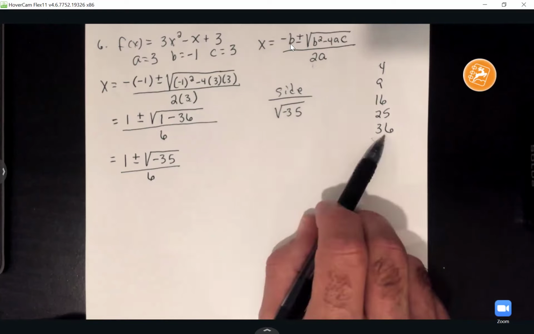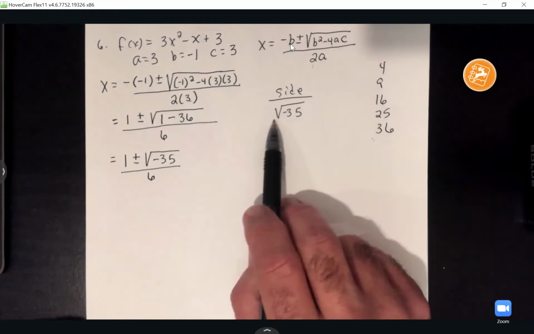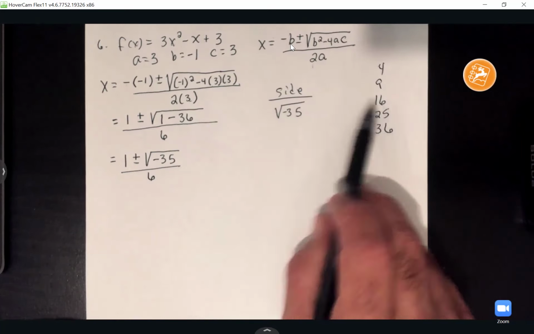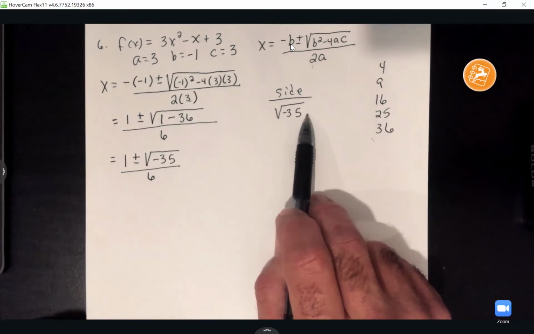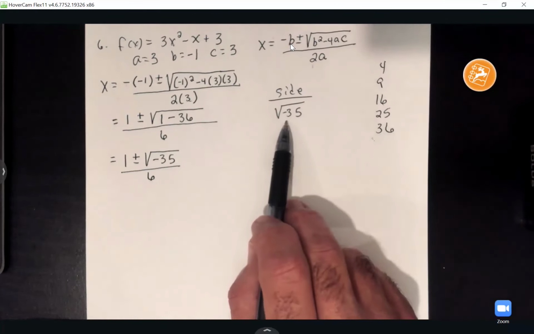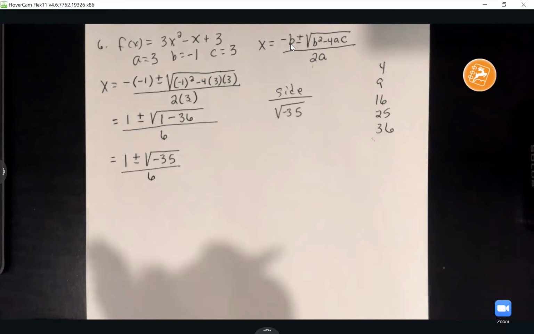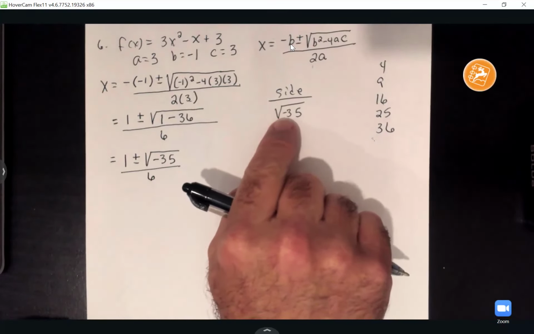Now, 4 is not a factor of 35. 9 is not a factor of 35. 16 is not a factor of 35. 25 is not a factor of 35. So none of these perfect squares are a factor of 35. So I can't break the number down, but we do got to take care of that negative.